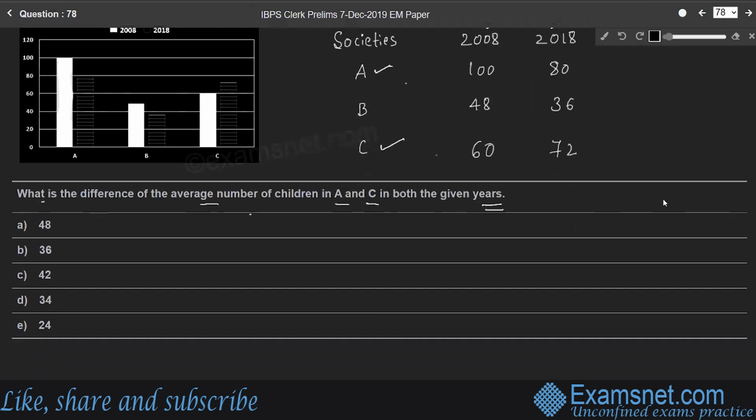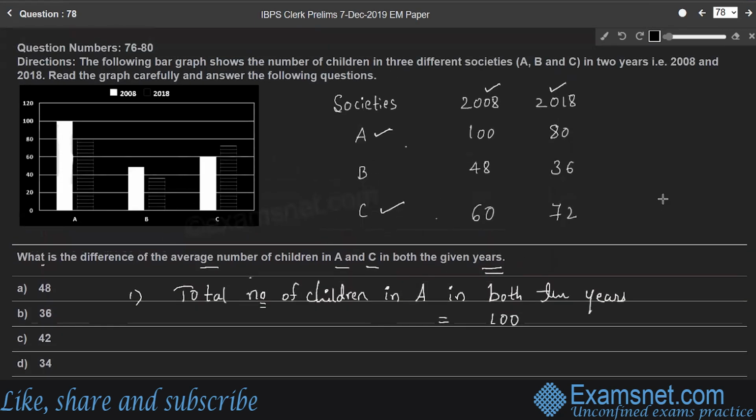So in the first case, the total number of children in A in both the years: in 2008, 100 children.